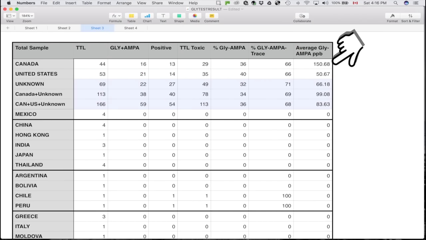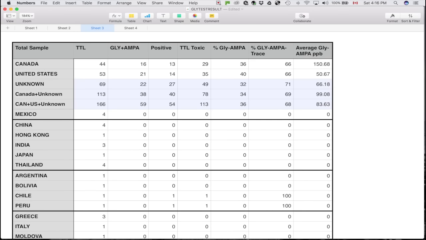So just looking at this data of the first 200 samples, one would say Canadian food is an order of magnitude more contaminated with glyphosate than food from anywhere else. The same figure for USA is 50.67, or one-third of the Canadian value.